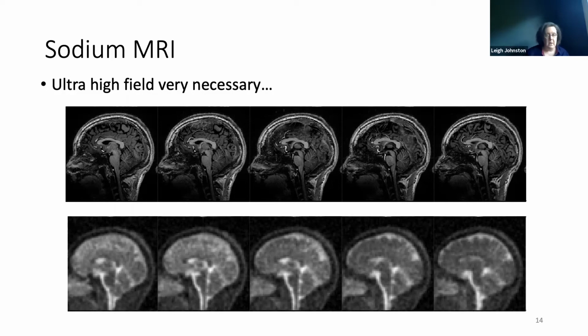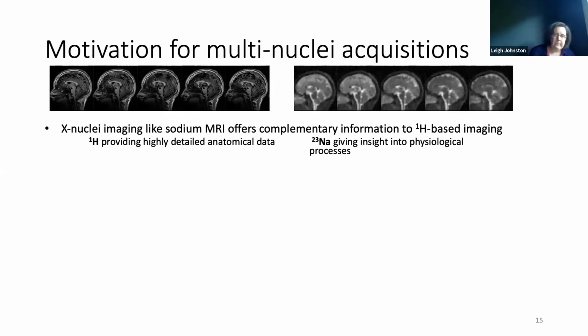Okay. So why do we persist doing sodium MRI if this is what our images look like? Well, I don't think I would have to convince anyone that for biology, and particularly human biology, sodium is a very, very important quantity, all right?